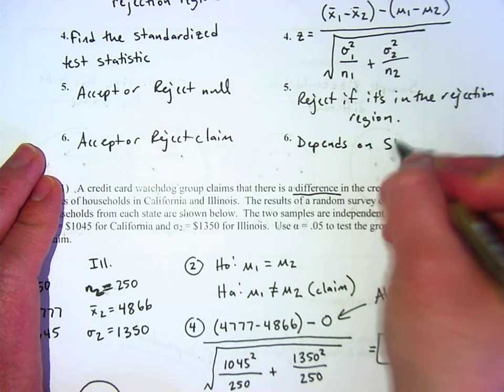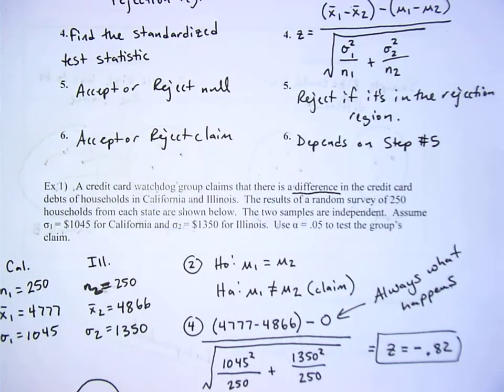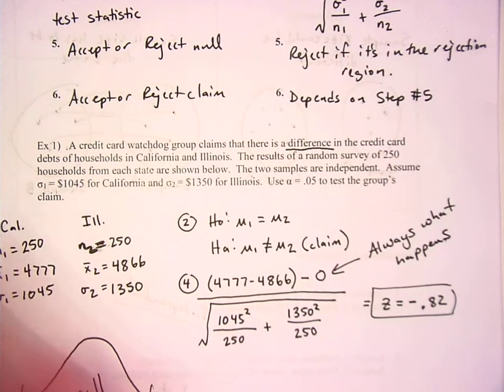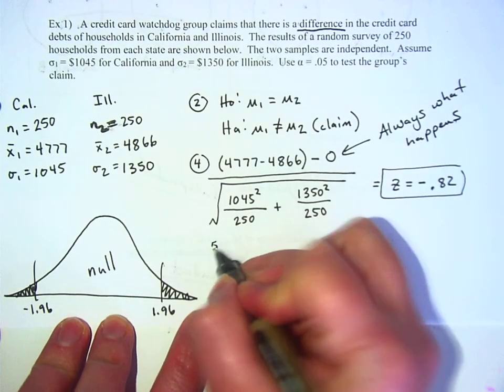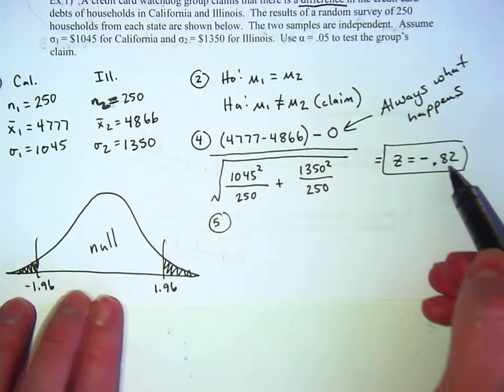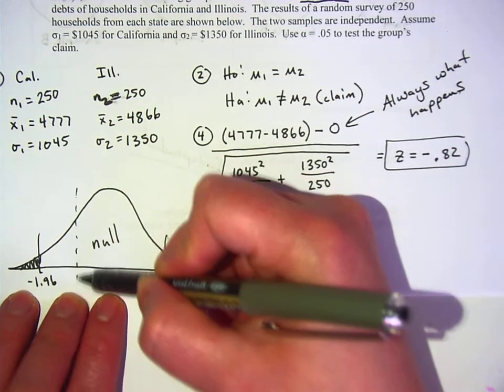This depends on step number 5 and essentially whether the claim was the null or not. So it looks like it hits at negative 0.82, like right about here.